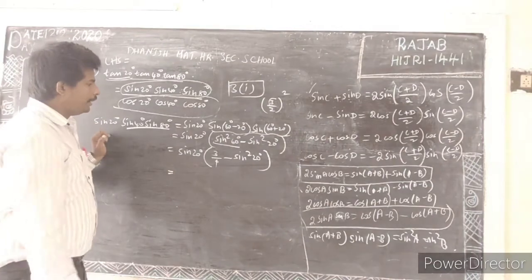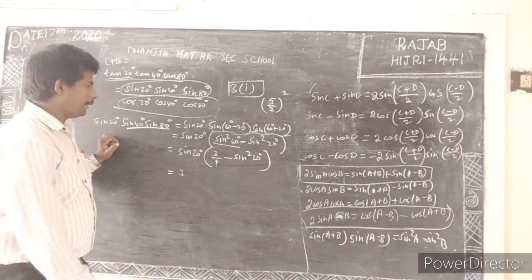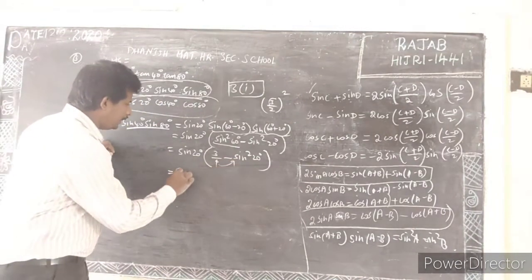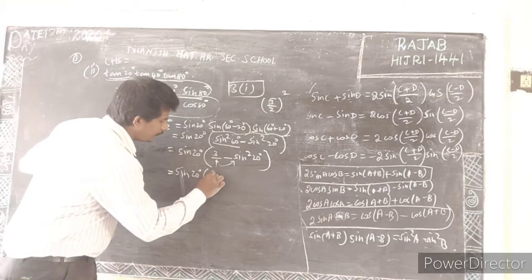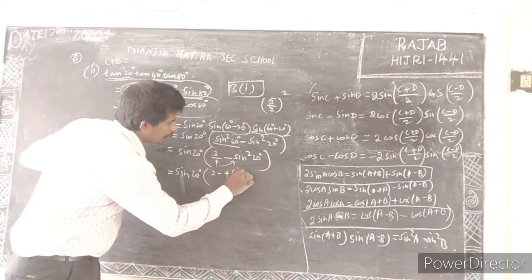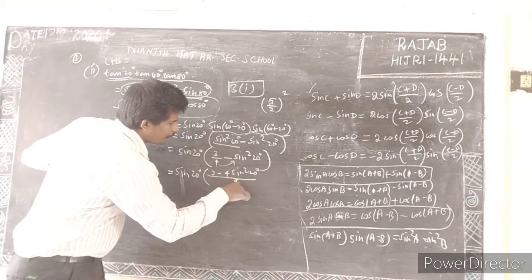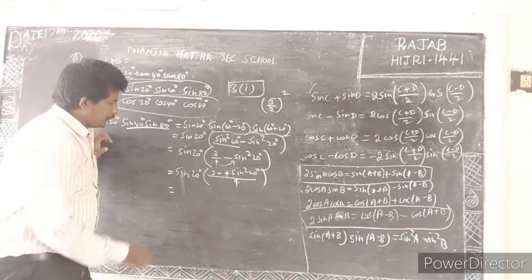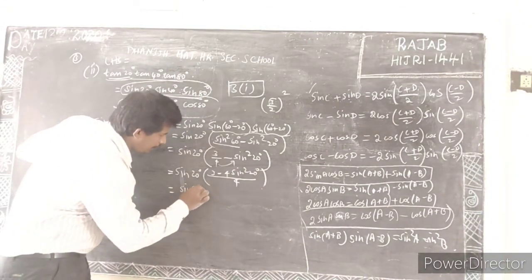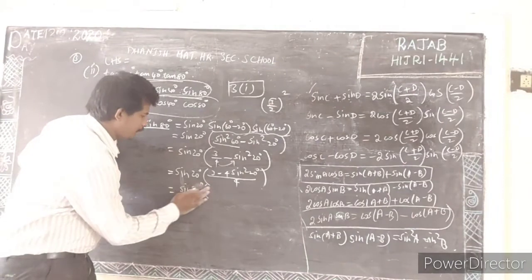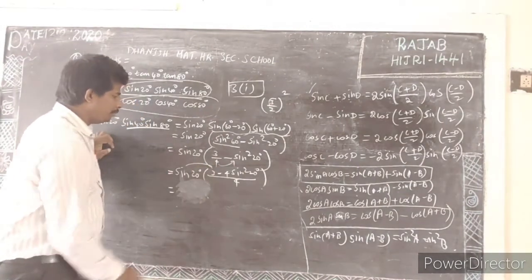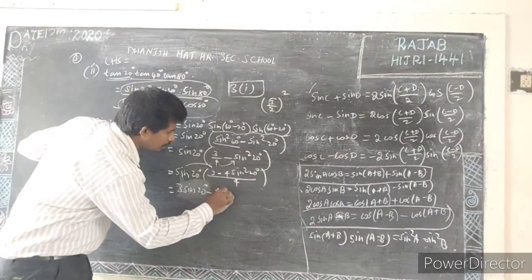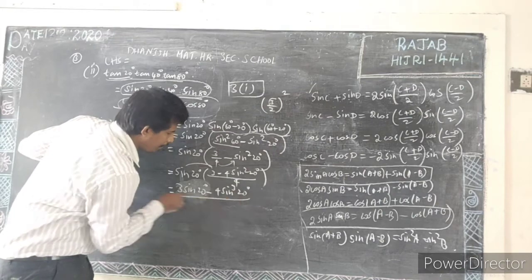So the next step would be, here we can do the cross multiply. So what will happen? Sin 20 degree into 3 minus 4 sin square 20 degree by 4. Now this is equal to sin 20 degree, here we can multiply these two numerators. So 3 sin 20 degree minus 4 sin cube 20 degree by 4.